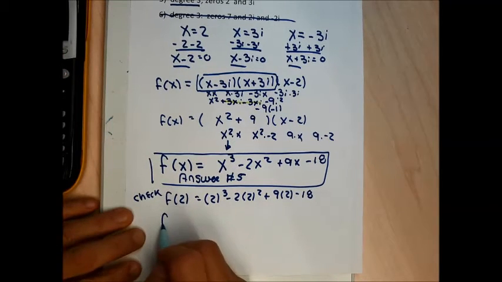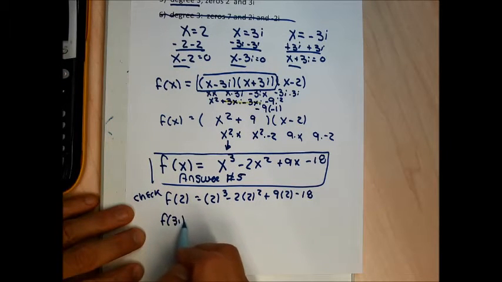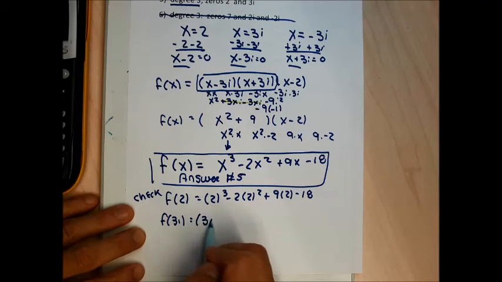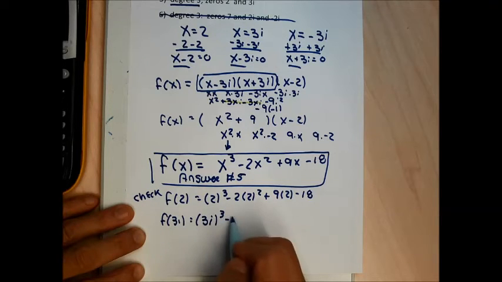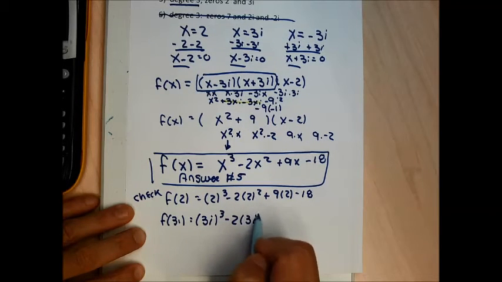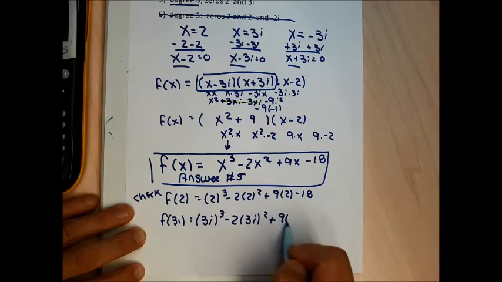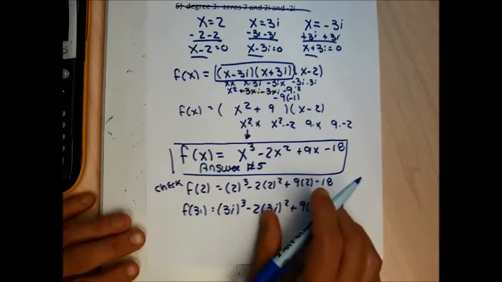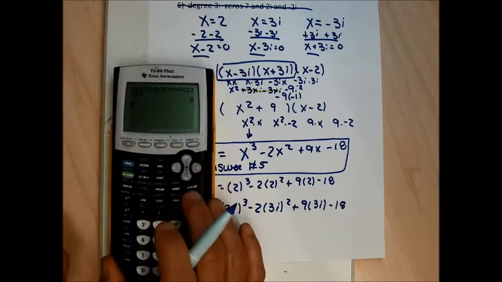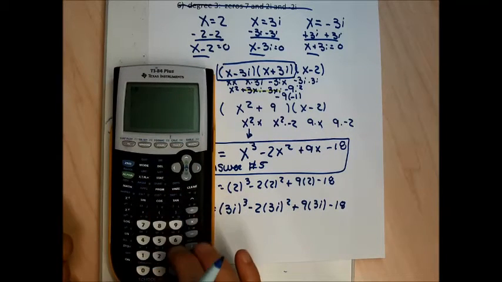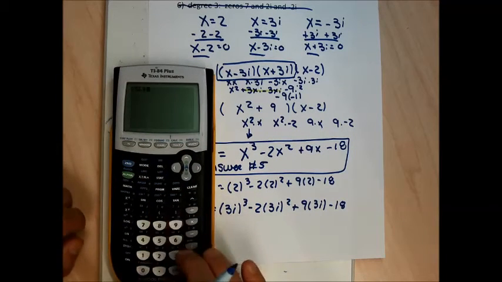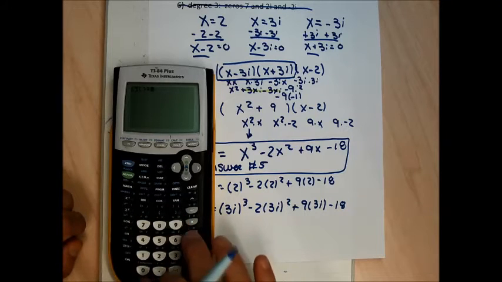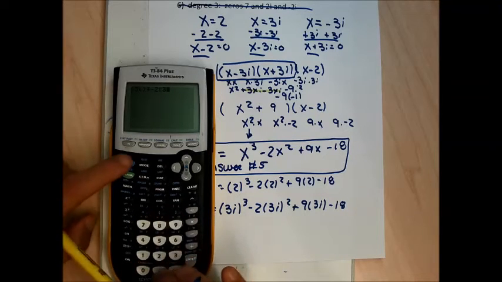If I wanted to try f of 3i, I'd have to see that 3i cubed minus 2 times 3i squared plus 9 times 3i minus 18 equals 0. And again, I could check that on my calculator.